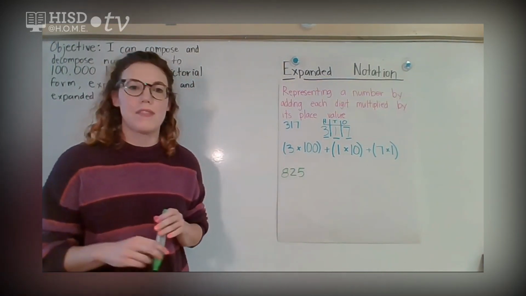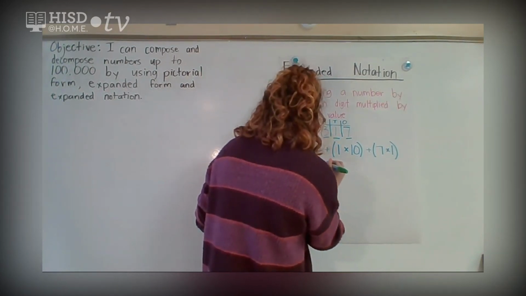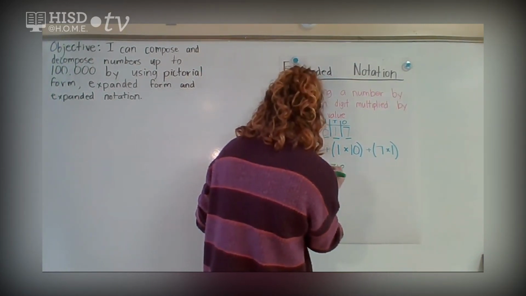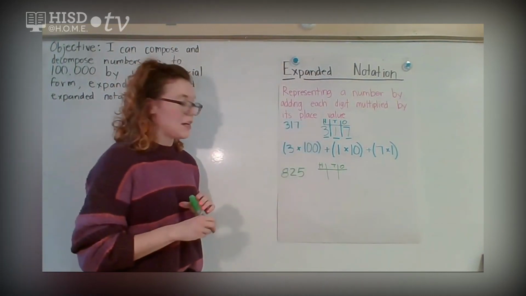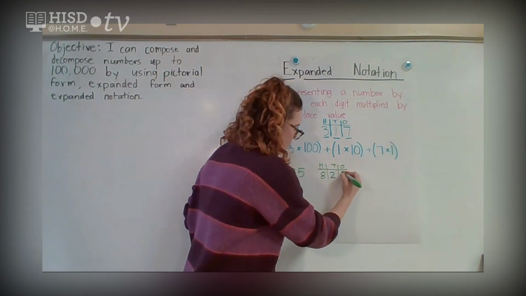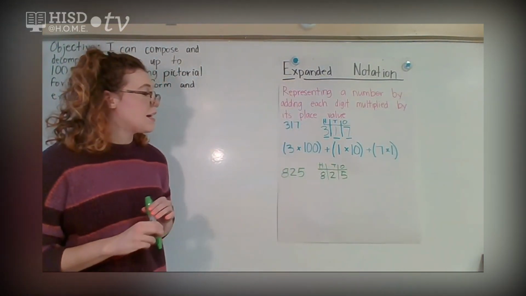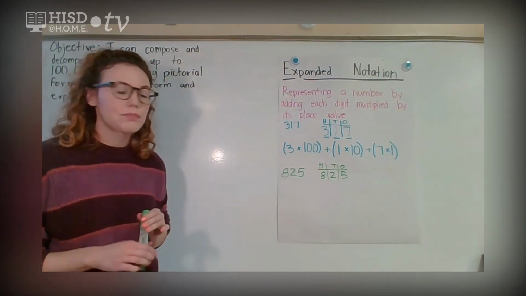I'm going to put it in a place value chart. I have my ones, tens, hundreds. Plug it in. 825. I'm going to break it apart by its place value now.